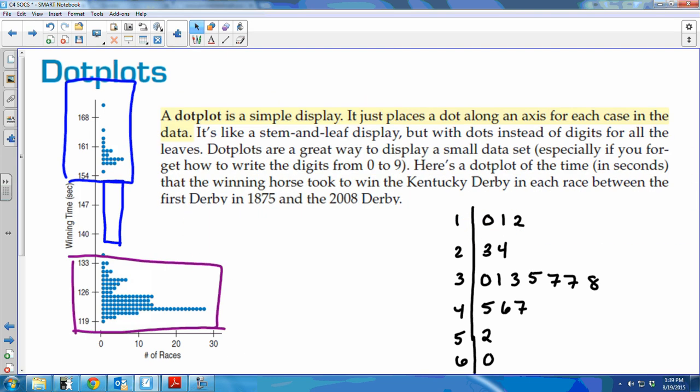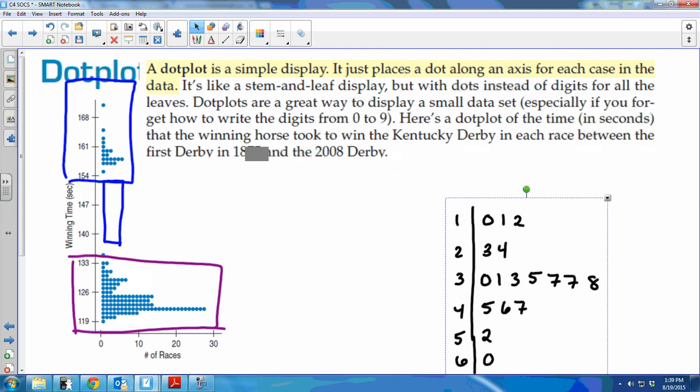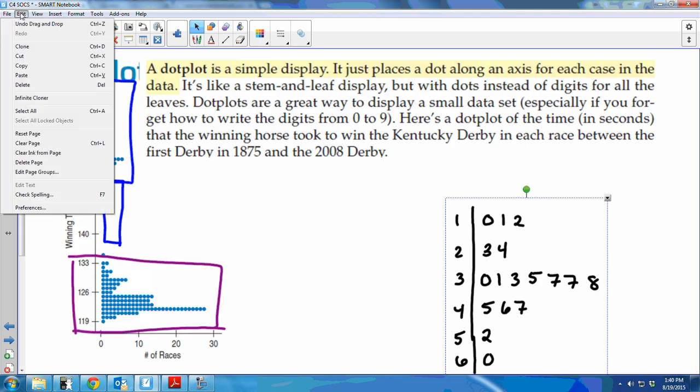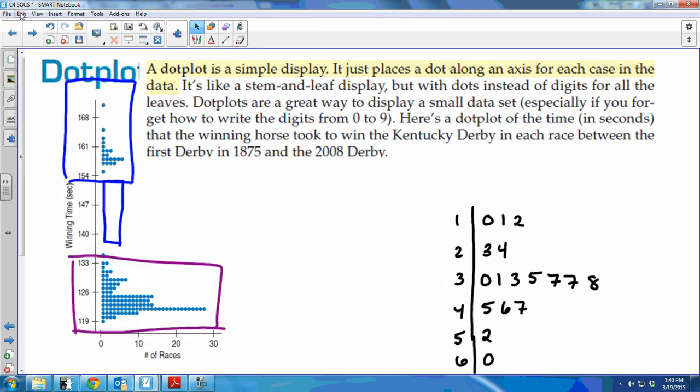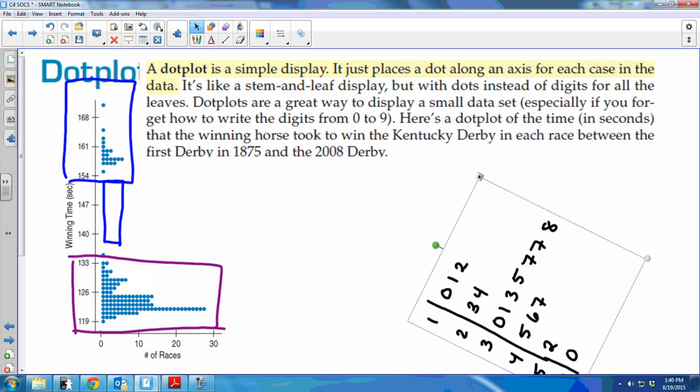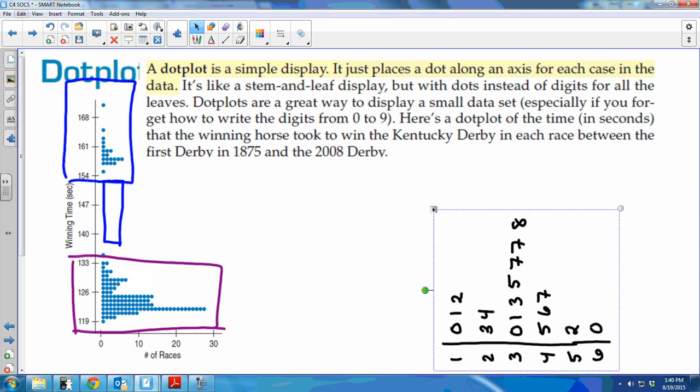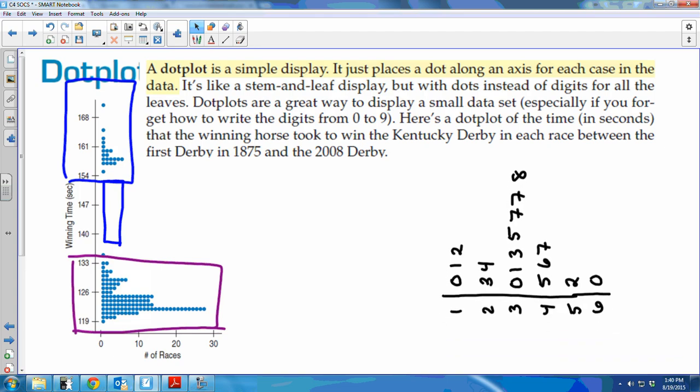If I put all this together, not that. If you flip your paper on the side, you should be able to look at the shape. Okay? Now it looks like one of those histograms, but you can look at the shape. So in this case, you might want to call this unimodal, right? Probably want to call it roughly symmetric, right? It doesn't have any big distinct tail.